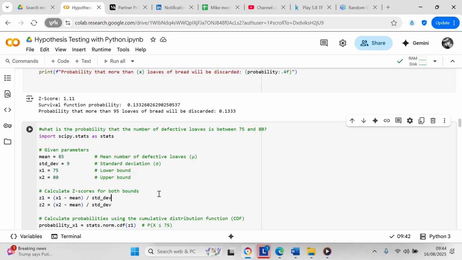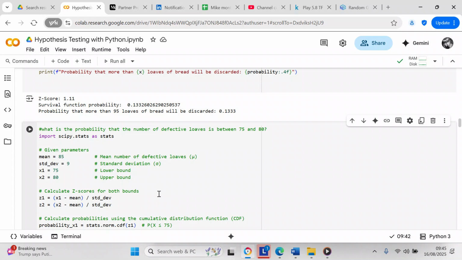So we're going to set up our z-scores for z1 and z2. z1 equals 75 minus 85, which is negative 10, divided by standard deviation, so it's going to be negative 1.1. And z2 is 80 minus 85, which is negative 5 over 9, somewhere in the neighborhood of negative 0.5.